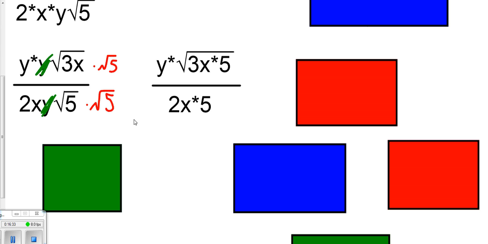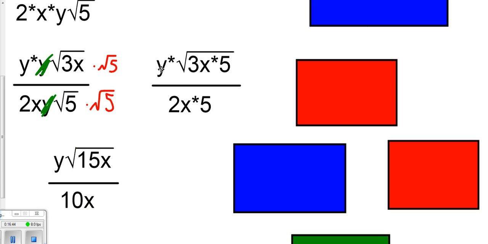So on the bottom, we still have that 2x, but instead of times a square root of 5, it's now times 5. So now the only thing left to do is simplify our pieces. Y times square root of 3x times 5, well, that becomes y times the square root of 15x. 2x times 5 on bottom becomes 10x on bottom.